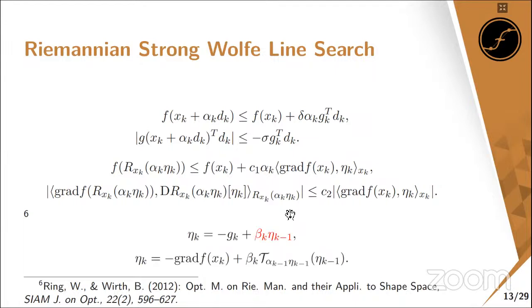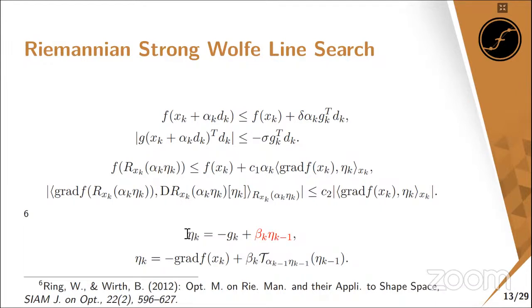Another important component in order to make this generalization, as we talked about earlier, is the search direction, which is given by this in the Euclidean setting. That is, in the Euclidean conjugate gradient method, the search direction is always given by this. The major challenge here is that the vectors at index k and index k minus 1 sit in different tangent spaces, so it is impossible to replace these two directly in the Riemannian setting. Based on that, we need the concept of vector transport.